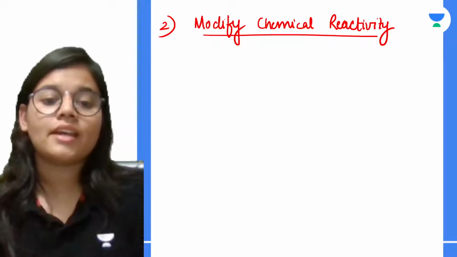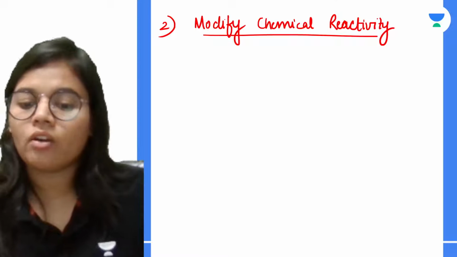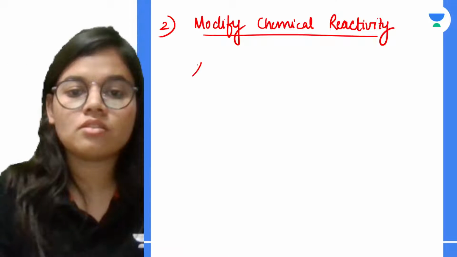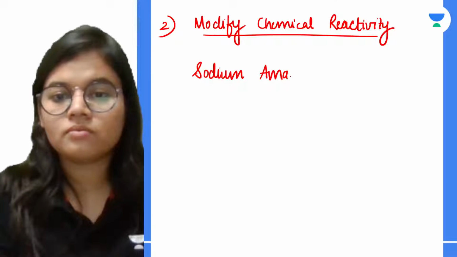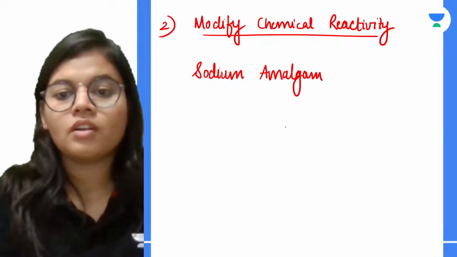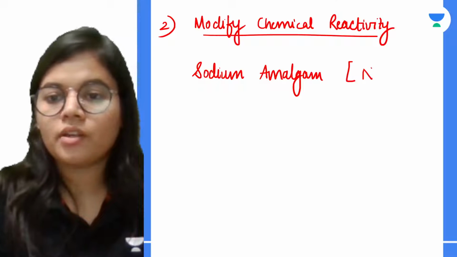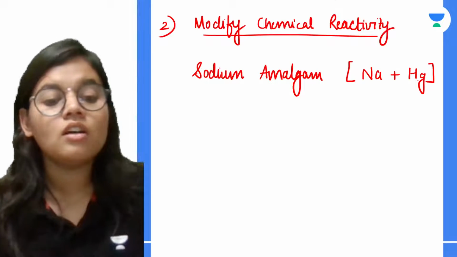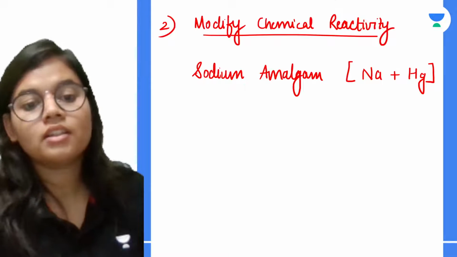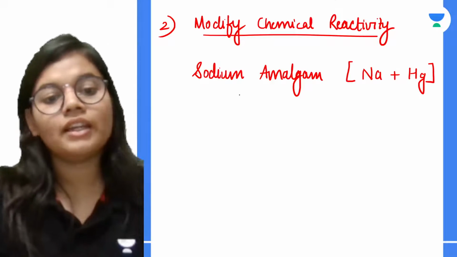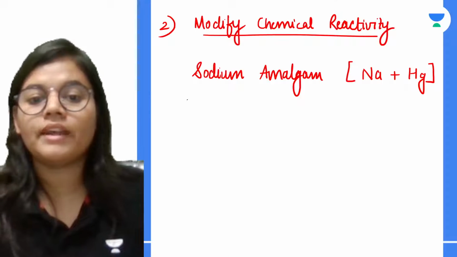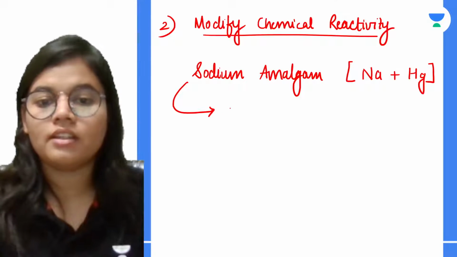In this case, we can use an alloy. Right now we discussed sodium amalgam, which is an alloy of sodium plus mercury. Sodium, an alkali metal, is very, very reactive, and when it is mixed with mercury, its reactivity decreases.